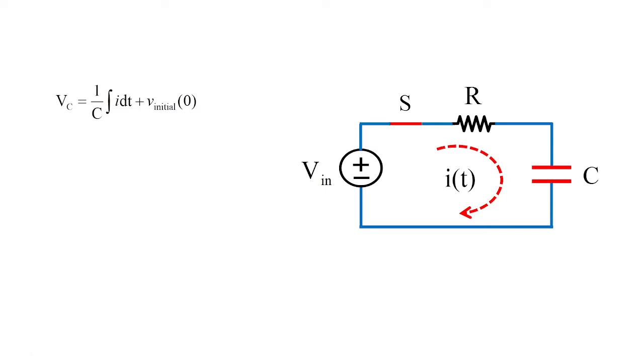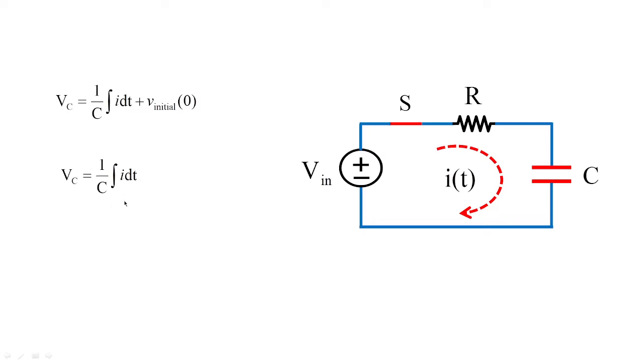Whatever voltage is stored in the capacitor initially, we treat as the initial voltage, represented as V initial of 0. If we have 0 voltage as the initial condition of the capacitor, then the voltage across the capacitor is given by 1 by C integral i dt. This is a very important formula that we need to concentrate on.